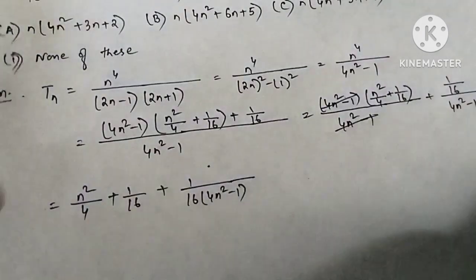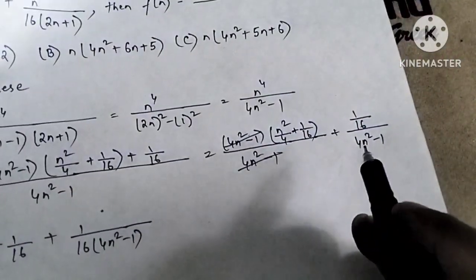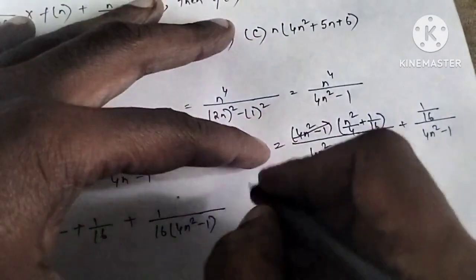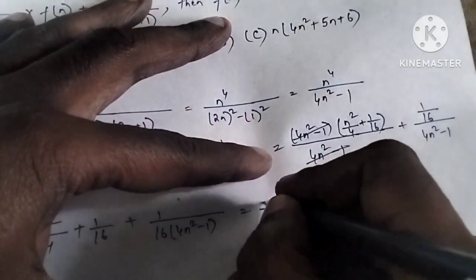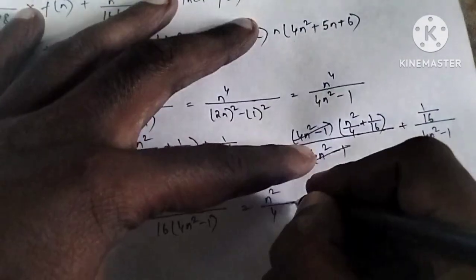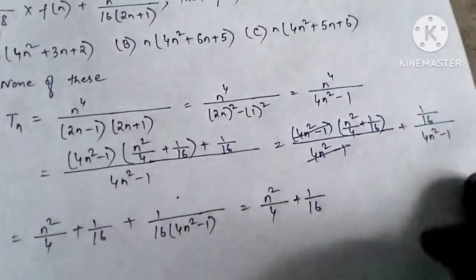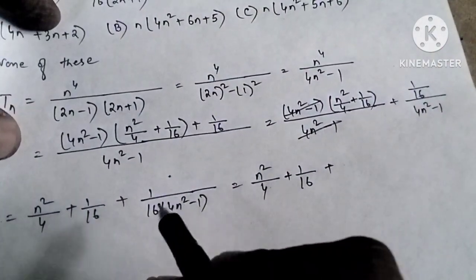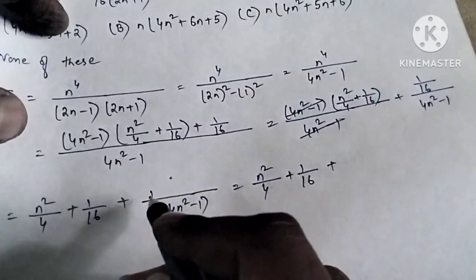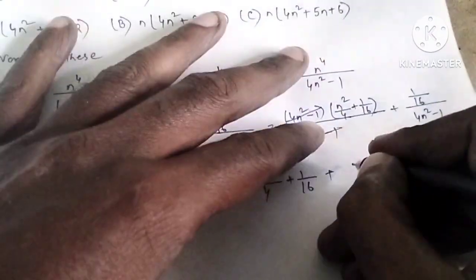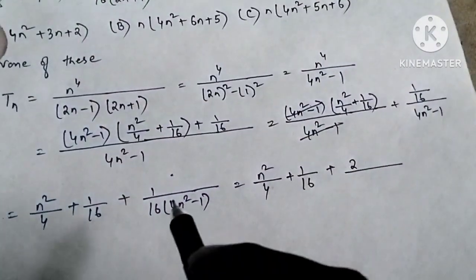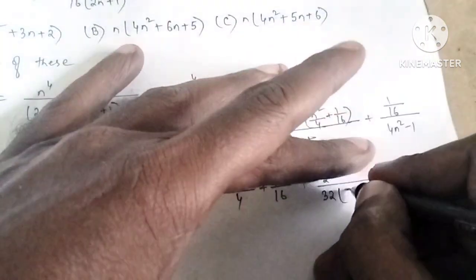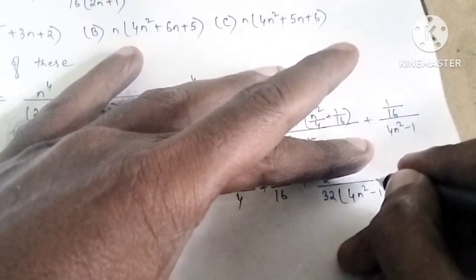1 by 16 into 4n square minus 1. This can be written as n square by 4 plus 1 by 16 plus, I will multiply both the numerator and denominator by 2. So 1 into 2 is 2, 16 into 2 is 32, over 4n square minus 1.